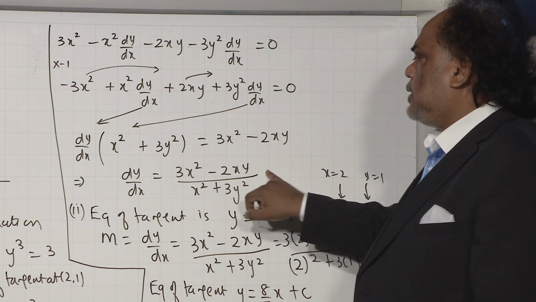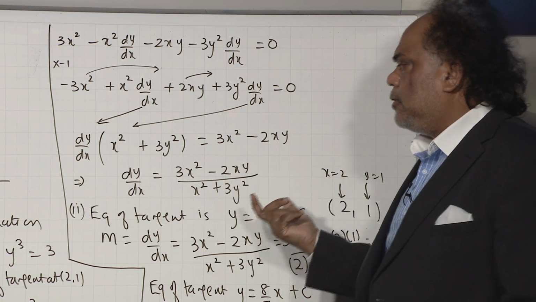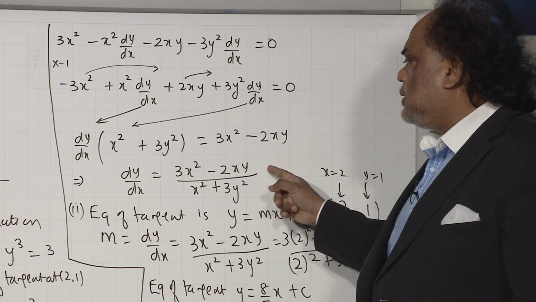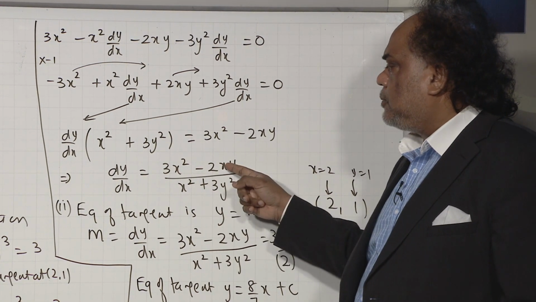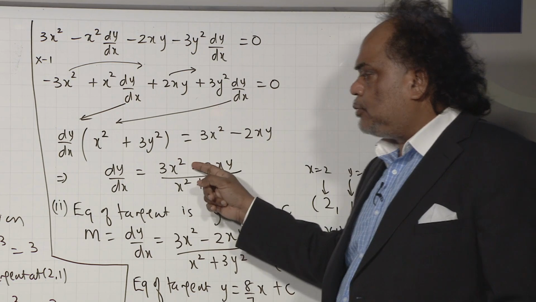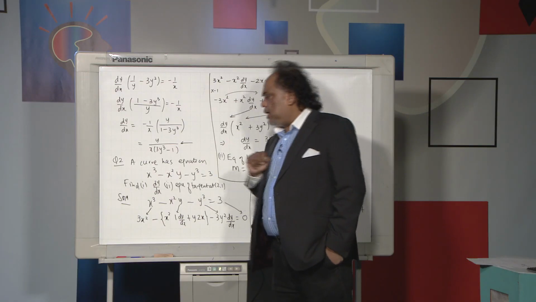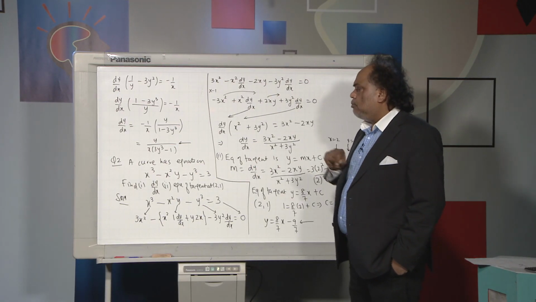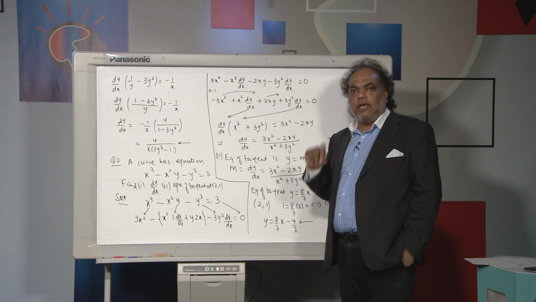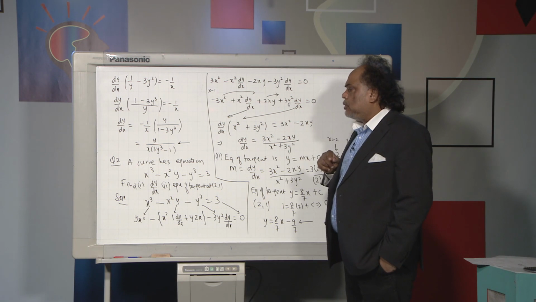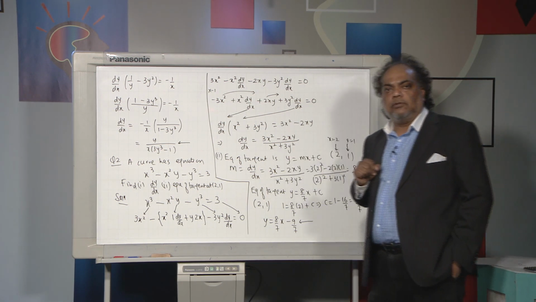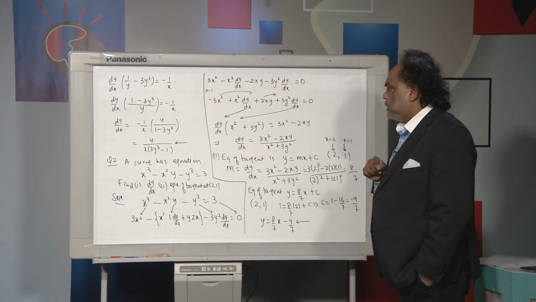Of course, when we equate that to 0, do we get a number? No. When we equate dy by dx to 0, we get an expression. This expression and the equation of curve must be solved simultaneously in order to obtain the point where the tangent would be parallel to x-axis.